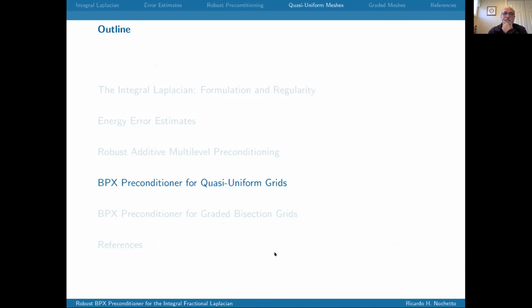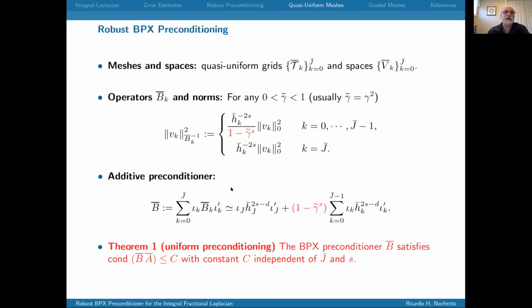Okay, now let me move into the BPX for quasi-uniform meshes, which is the simplest possible setting. Here, we have meshes that I call with a bar because they are uniform, and spaces that I call also with a bar because they correspond to the uniform meshes. Now I'm concrete with the operators.